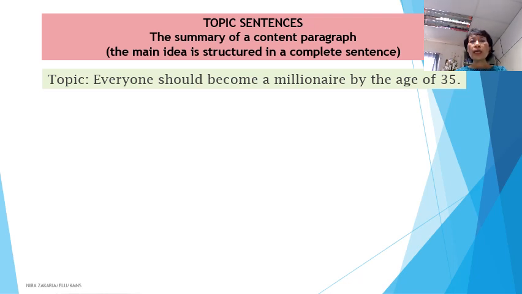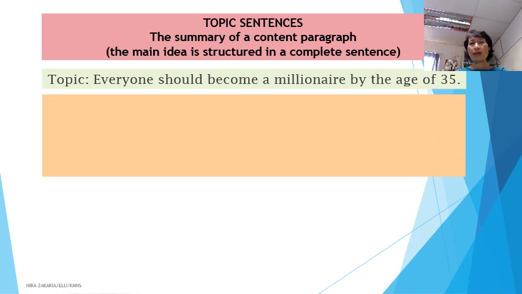So in short, it is about what that particular paragraph is revolving around. So everything will be summarized in this topic sentence. Or in other words, it is the main idea that is structured in a complete sentence. It has to be written in a complete sentence, not a phrase, not a fragment.